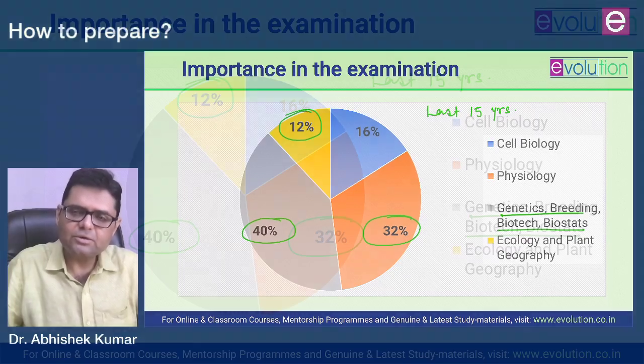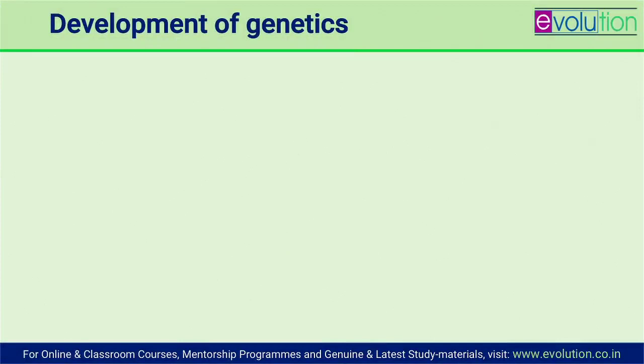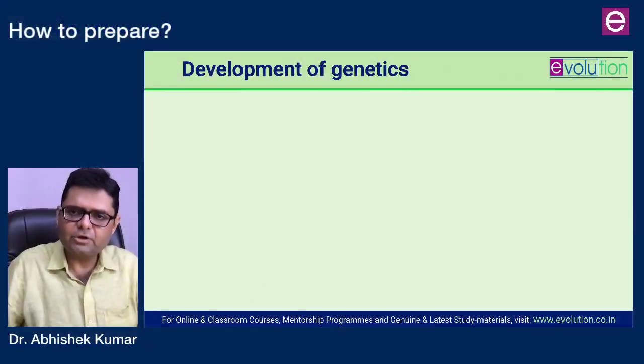Now let us get into the individual topics of genetics. As I was telling you, the first topic, that is development of genetics, is kind of a dead topic because hardly any question has been asked.